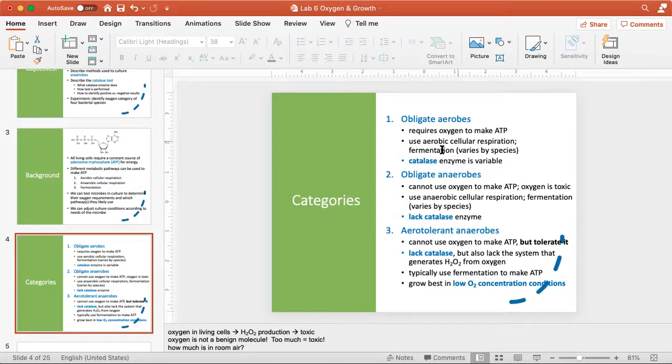The difference here is that one of these pathways is considered the primary pathway and the other is considered a secondary pathway. In other words, if oxygen is available, this organism is going to do aerobic cellular respiration. If oxygen is not available, it's going to switch to a secondary pathway of fermentation.